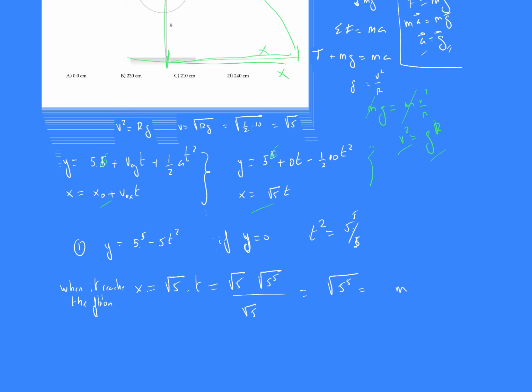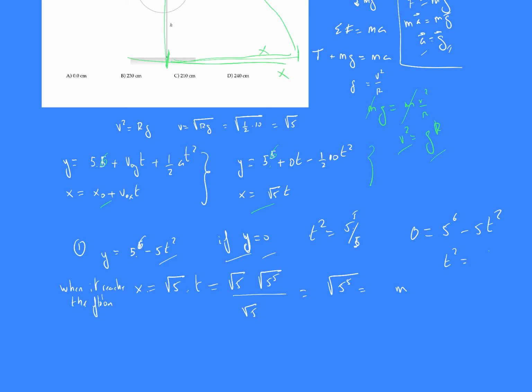The equation will be y equals 5.6 minus 5t squared. If y equals 0, then 0 equals 5.6 minus 5t squared, and this says that the time squared to reach the floor will be 5.6 divided by 5.